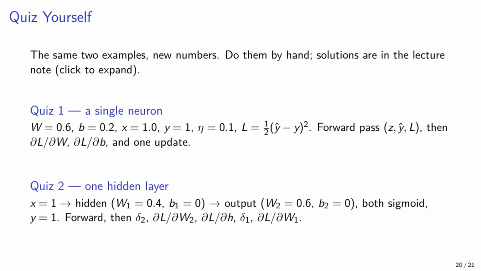Input 1 into a hidden neuron with weight 0.4 into an output neuron with weight 0.6, both sigmoid, target 1. Do the forward pass, then the output error signal and its weight gradient, propagate back to the hidden value, and finish with the hidden error signal and its gradient. The full solutions are in the lecture note.